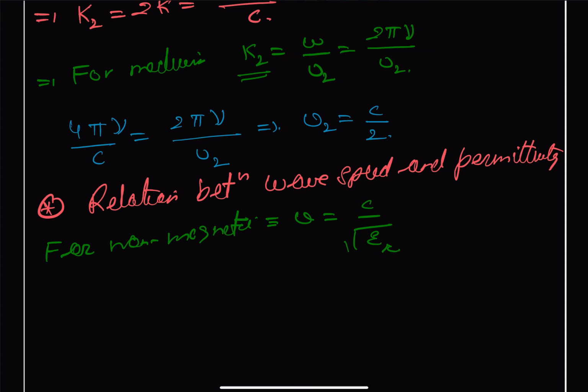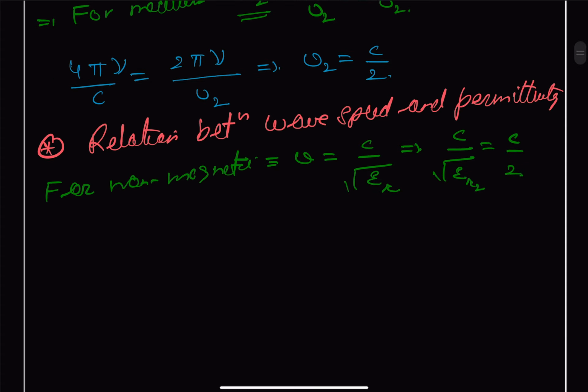And we can write this will be equal to c upon square root of er2 for the medium, and the velocity is c upon 2. So from here we can say c and c cancel out, square root of relative permittivity is equal to 2, or we can say our er2 is equal to 4.